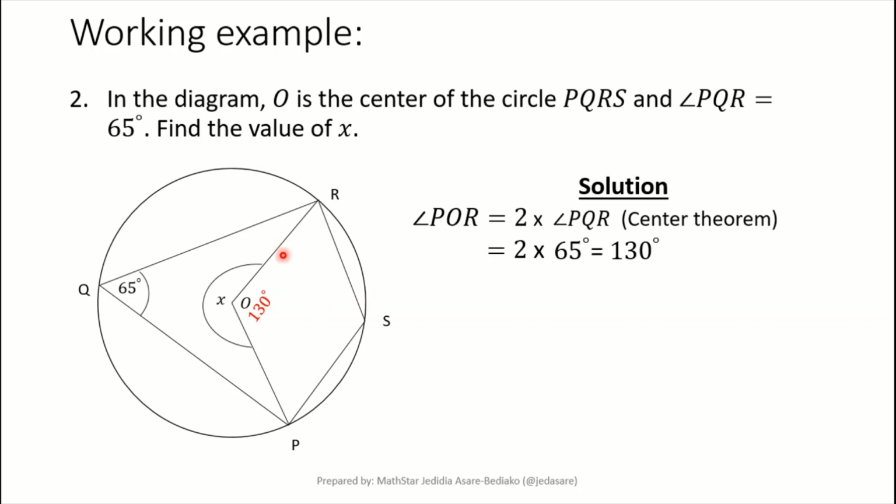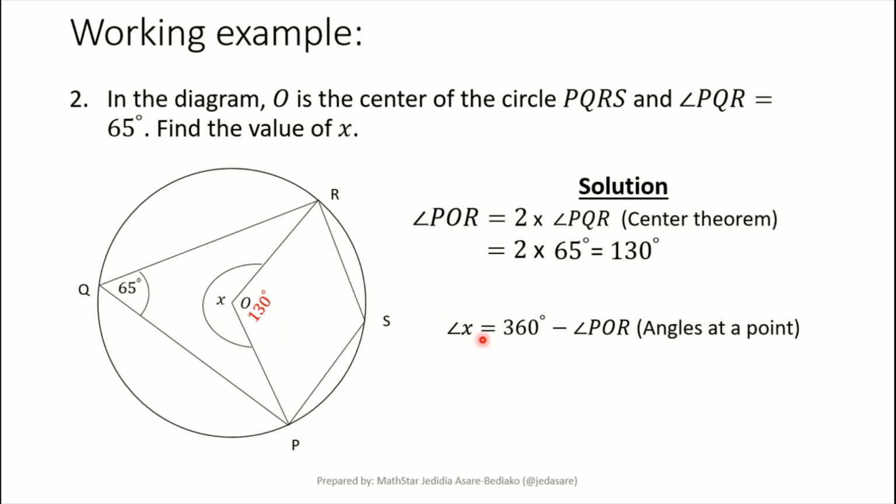But our focus is to find the value of x. So we are interested in finding this x here. But we know from geometry that angles at a point sum up to 360 degrees. And therefore, if we have the known part to be 130 degrees, we can just subtract from the 360 to get the unknown part, which is the x.